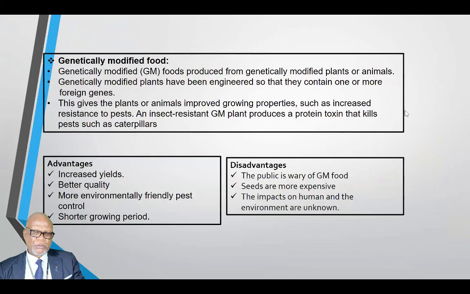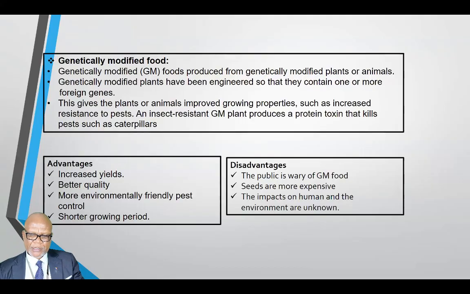And now, one of the ways to do that, we can do genetically modified food. Modify the genes of food. Genetically modified foods are produced from genetically modified plants or animals.